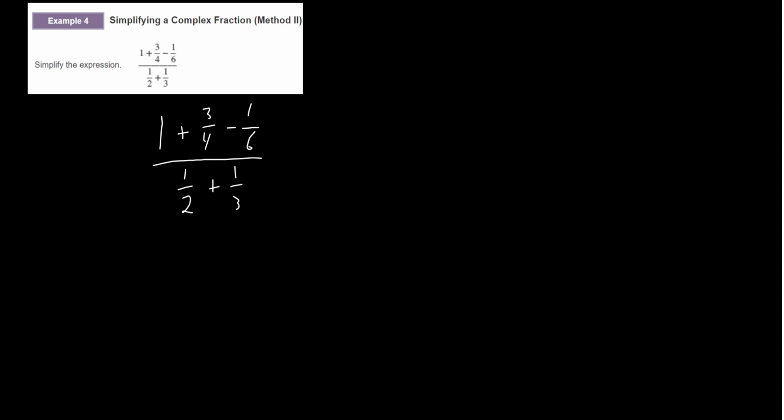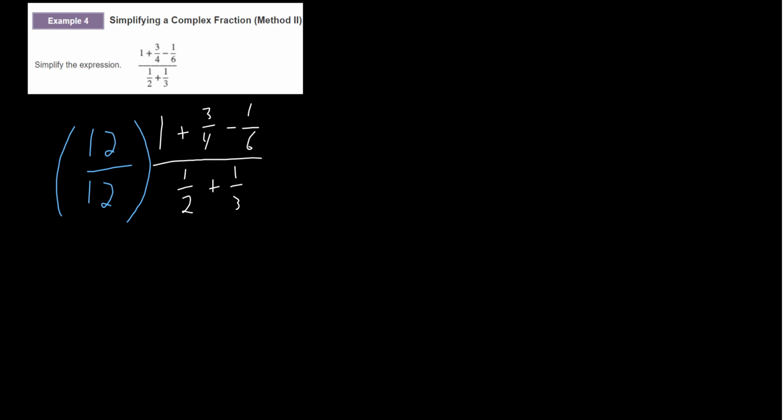All right. So I said 12 was my least common denominator here, right? So I'm going to multiply this entire fraction by 12 over 12. Okay. And again, 12 over 12, that's just 1. I'm multiplying by 1, so I'm not changing the value of anything. Similar to the first 3 examples, except this time I'm just going to take care of everything all at once.